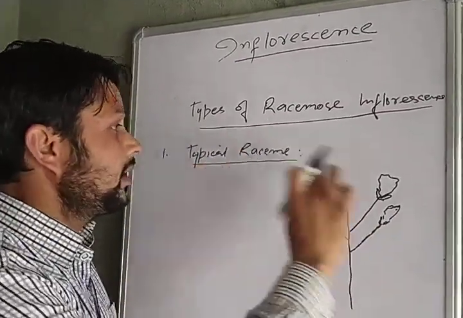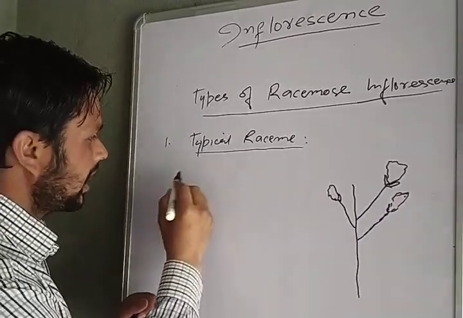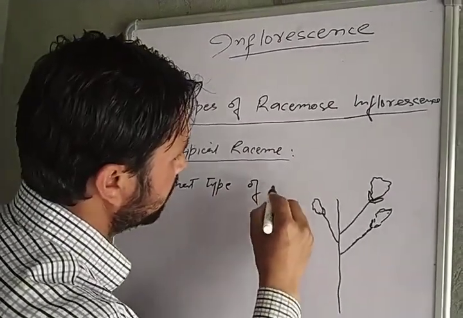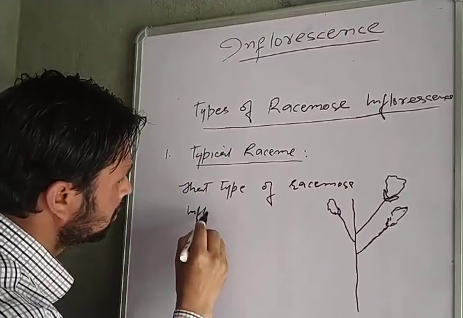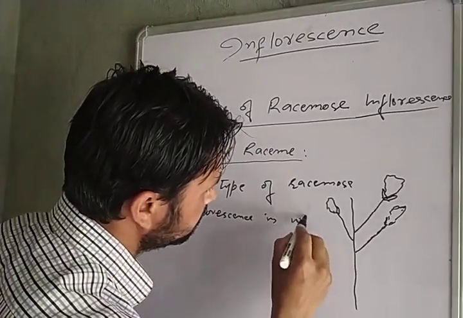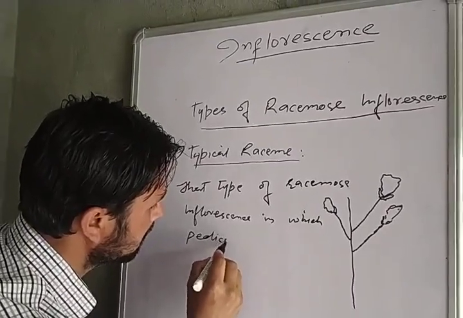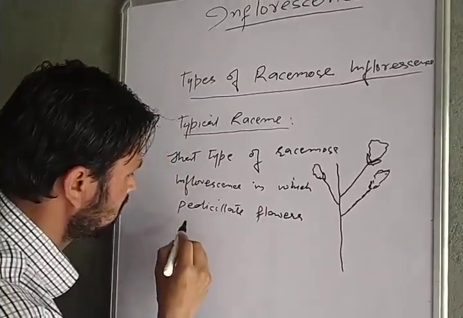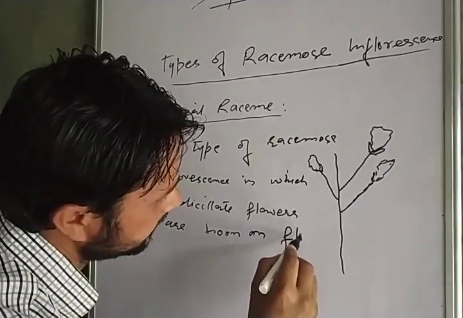So a typical raceme is that type of racemose inflorescence in which pedicellate flowers are born on the floral axis.